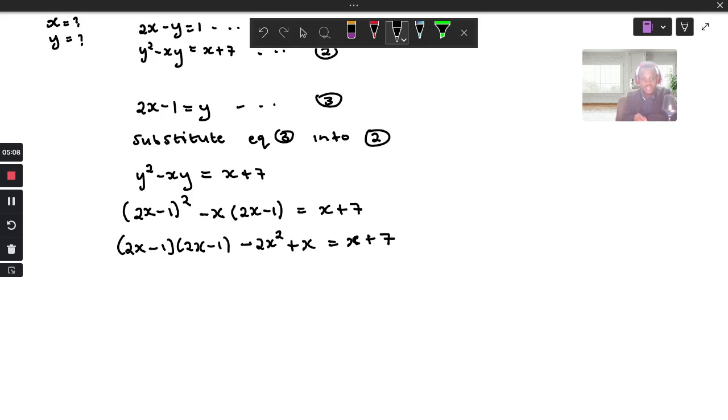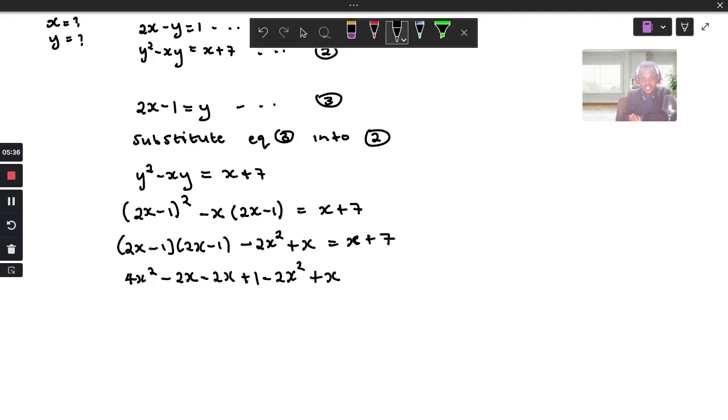So you can distribute this throughout. 2x times 2x becomes 4x squared. 2x times minus 1 becomes minus 2x. Minus 1 times 2x becomes minus 2x. Minus 1 times minus 1 becomes positive 1. You bring back the rest as it is, minus 2x squared plus x.